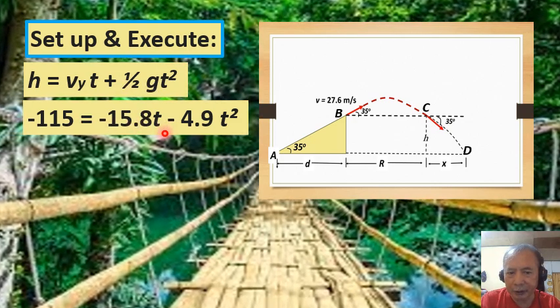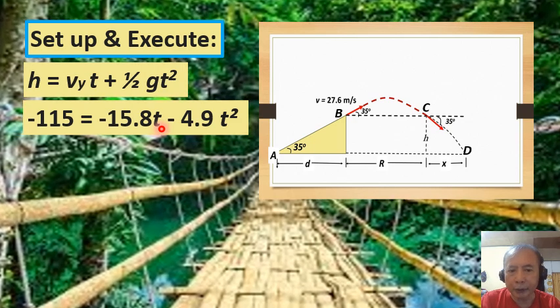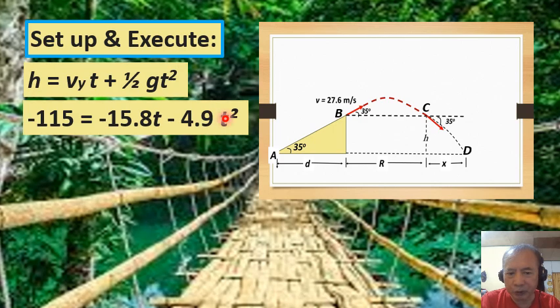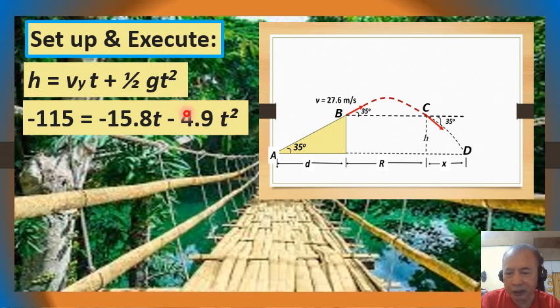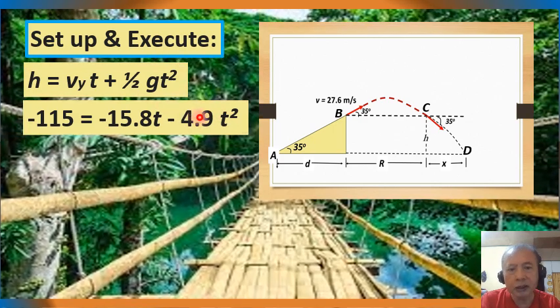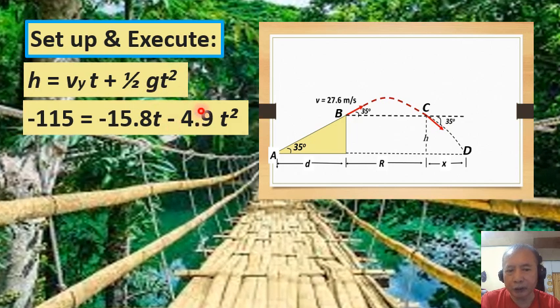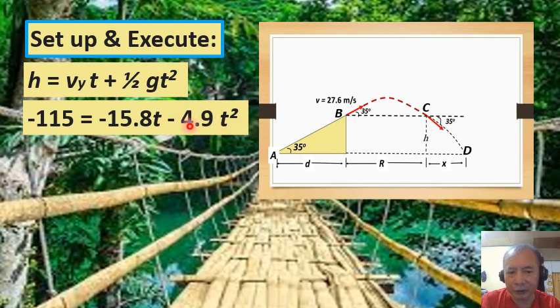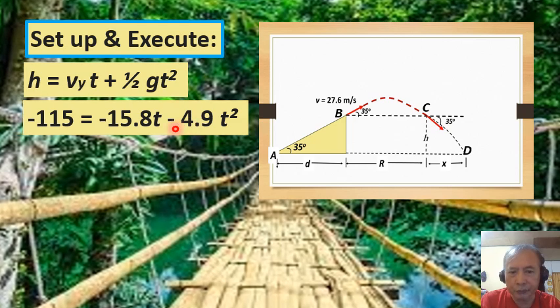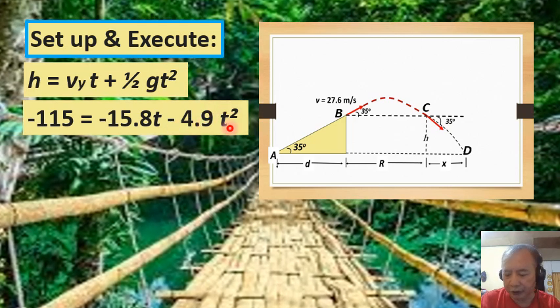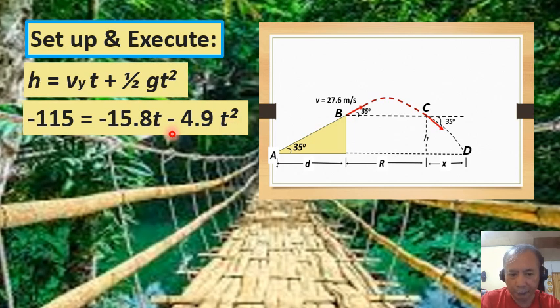And then that is multiplied by the unknown variable t, plus 1 half g t squared. g is treated as a vector, so it's negative. And 1 half of 9.8 meters per second squared is equal to negative 4.9 meters per second squared, also multiplied by the square of the time t.